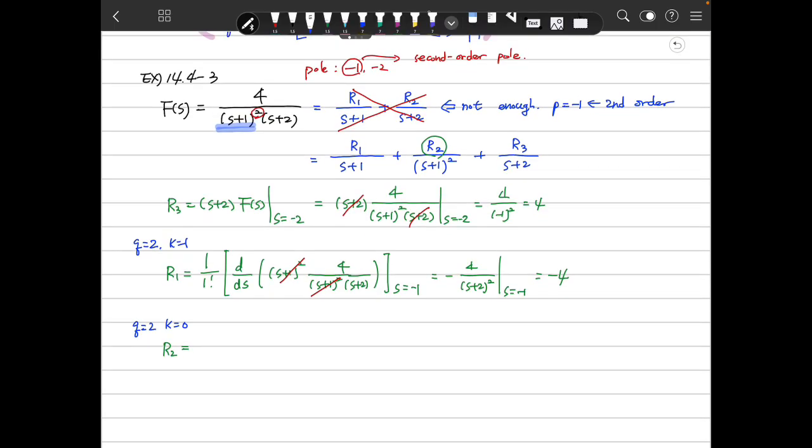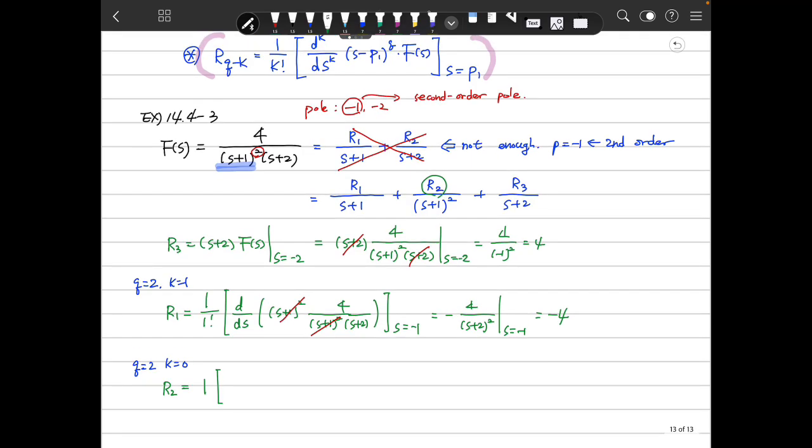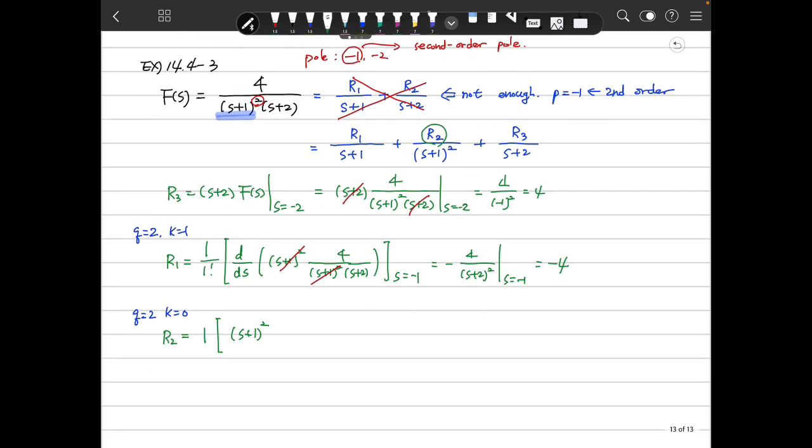Because K is 0, it means 1 over 0 factorial is 1 and there is no derivative, so it will be (s plus 1) squared times 4 over (s plus 1) squared (s plus 2), with s equal to minus 1.